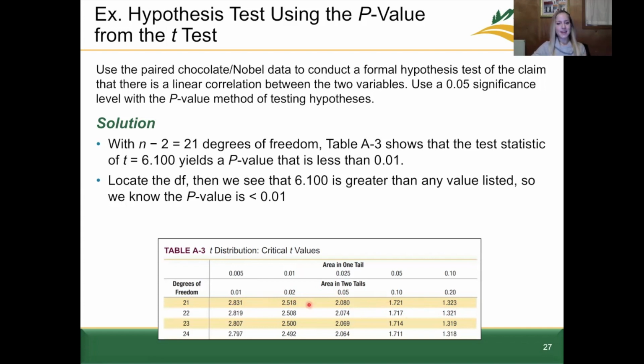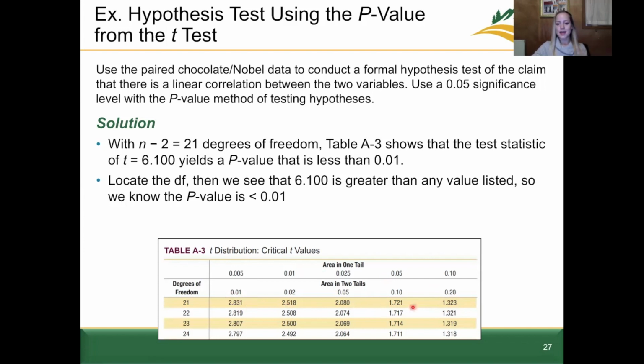If instead we calculated a t-test statistic of about 2, that would tell us our p-value for an area in two tails is 0.05. However, for 6.100, it does not match up to any of the p-values we see here. Interpreting this table further, we see a t-value of 1.323 over here, then a t-value of 2.831.